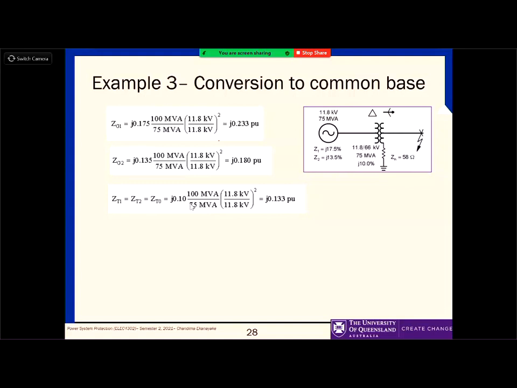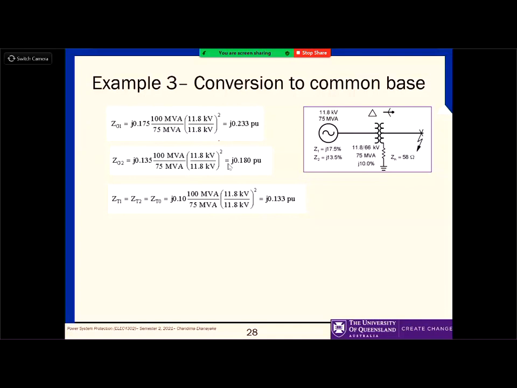So all these impedances are equal to the corresponding per unit value for the 100 MVA base. That's what is done here: 75 divided by 75 multiplied by 100. And this is why I didn't consider any zero sequence impedance for the generator.